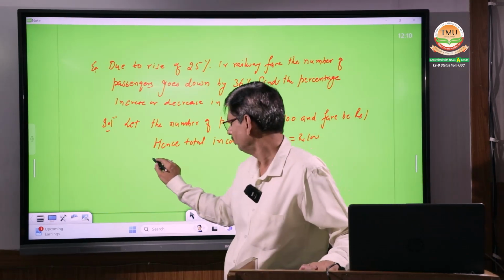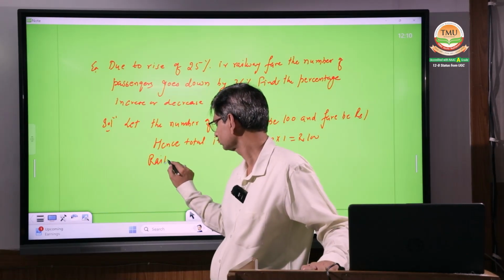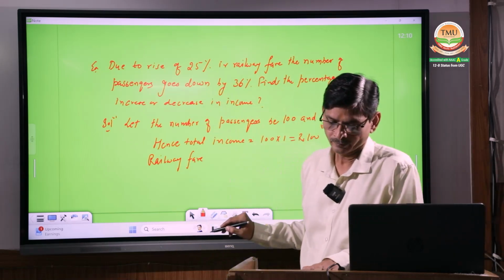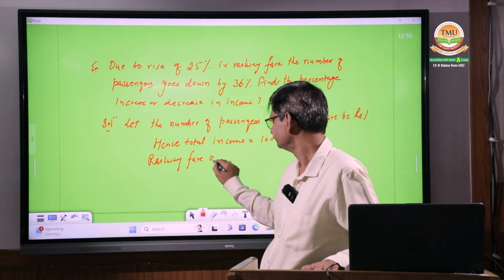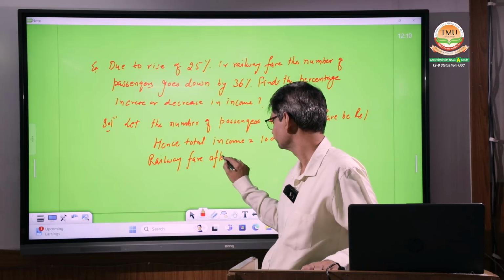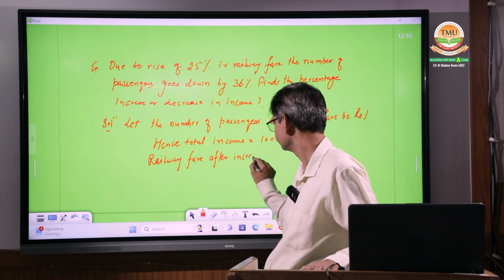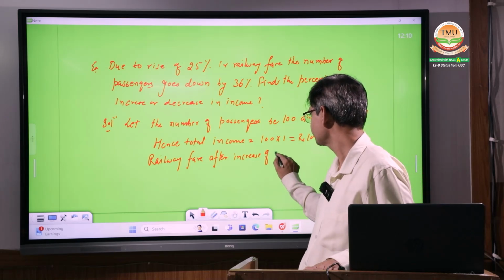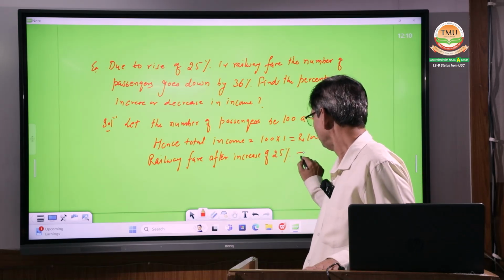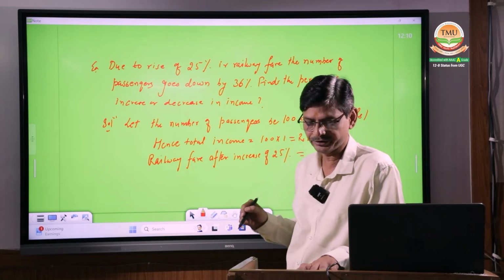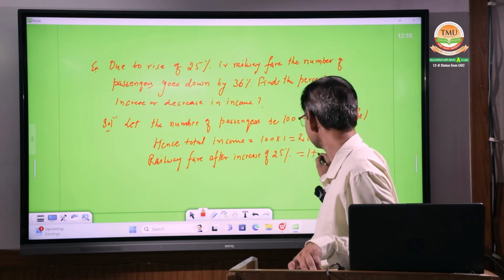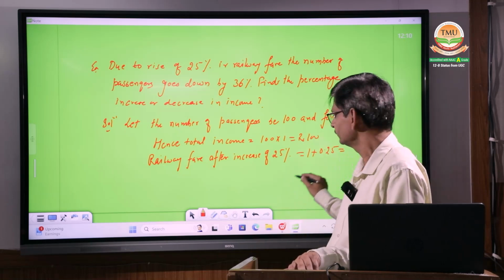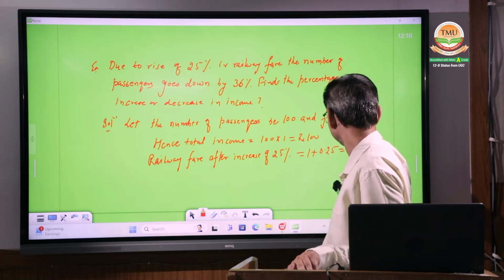Now railway fare after increasing of 25%, that is 1 plus 0.25, that is rupees 1.25.